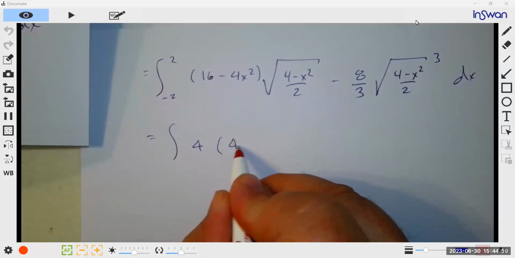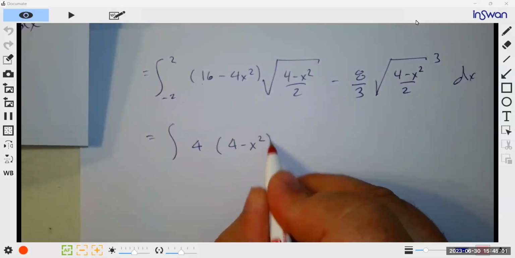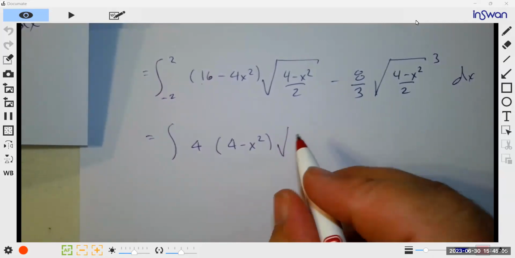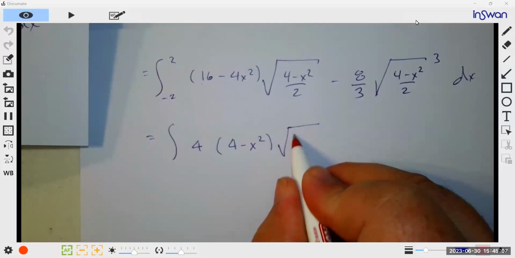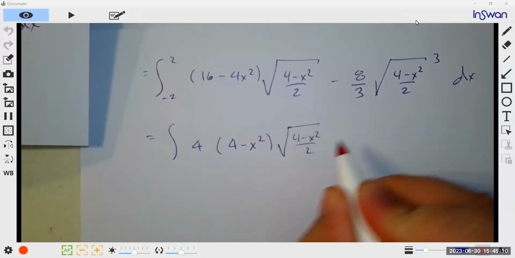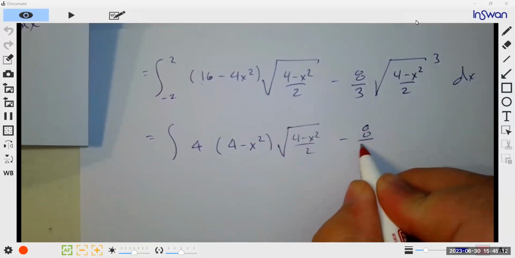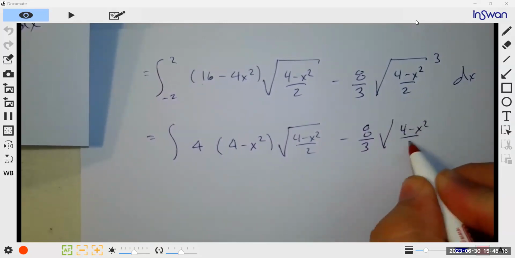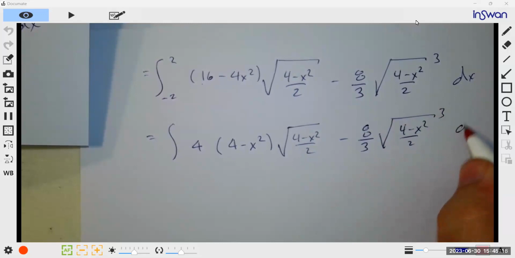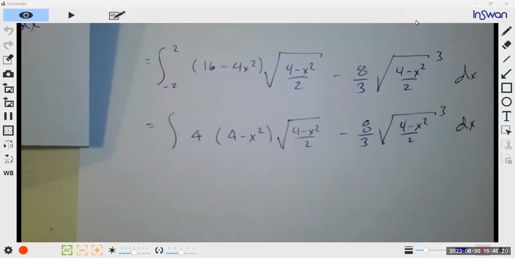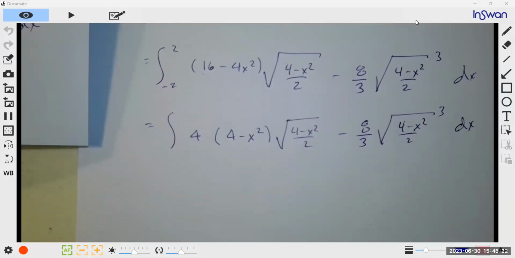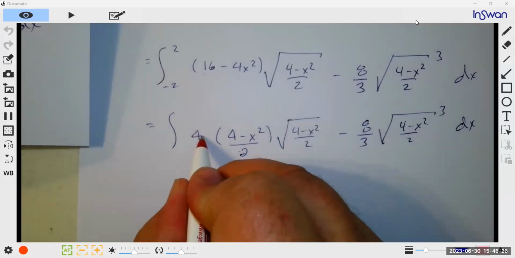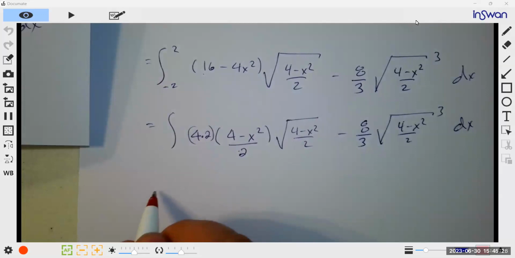That makes it 4 minus x squared. I divide by 2 here, I'll multiply by 2 out here.